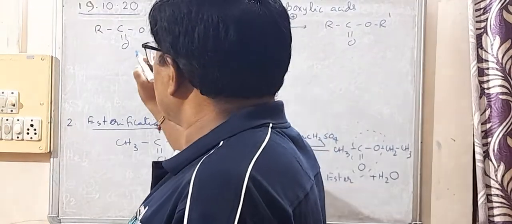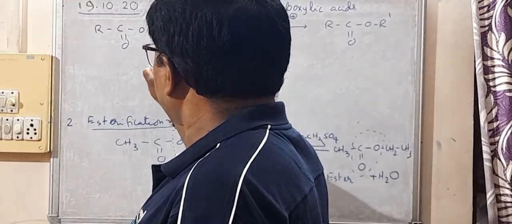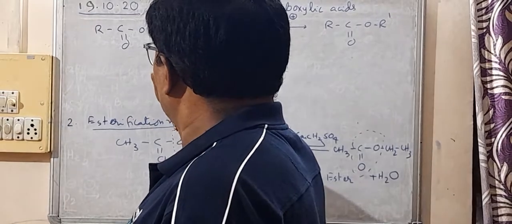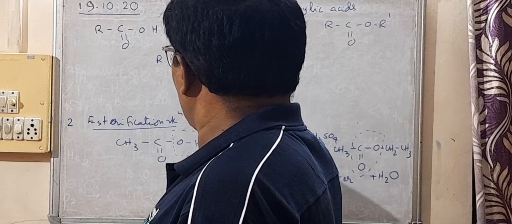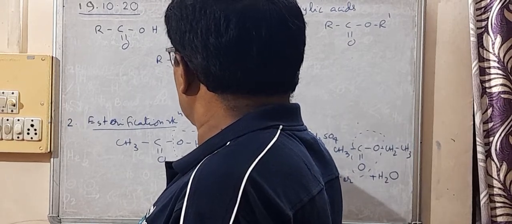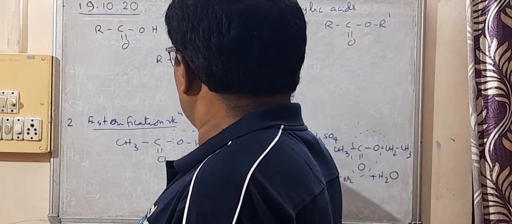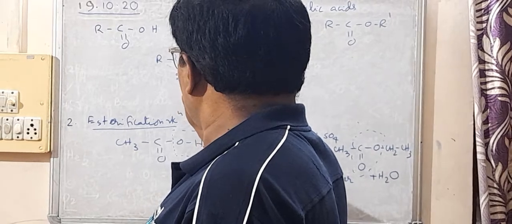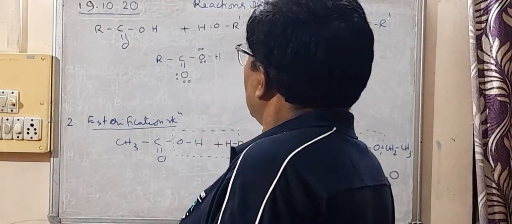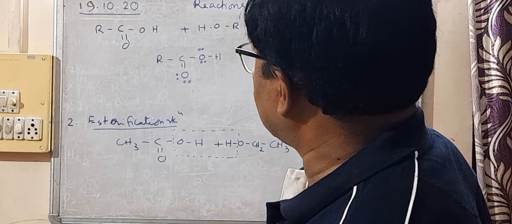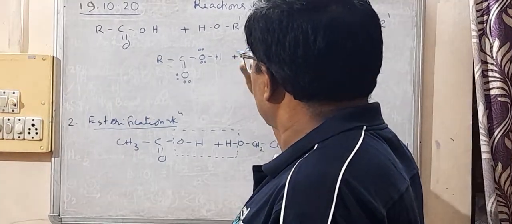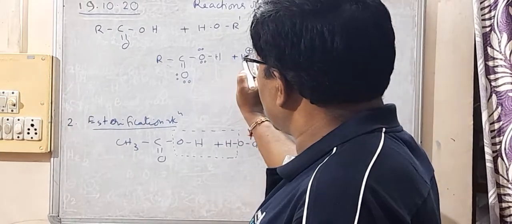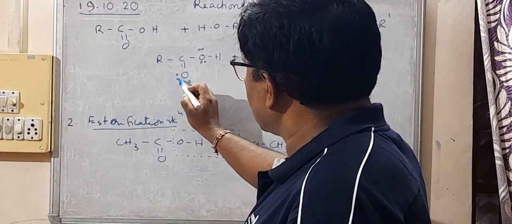So the first step is protonation. RC double bond OH, with a lone pair here and a lone pair here. The first step is protonation, H plus, and here this H will get attached.